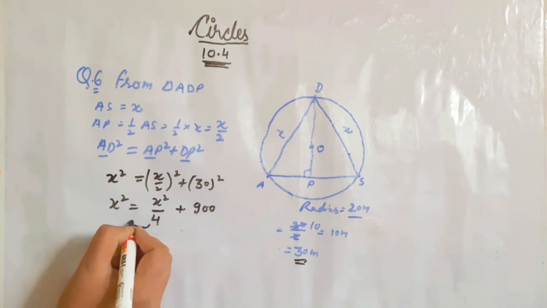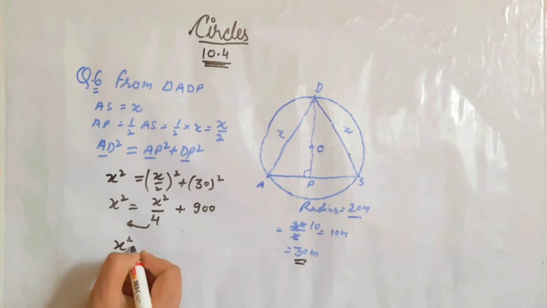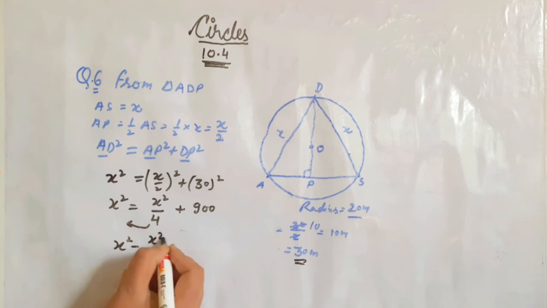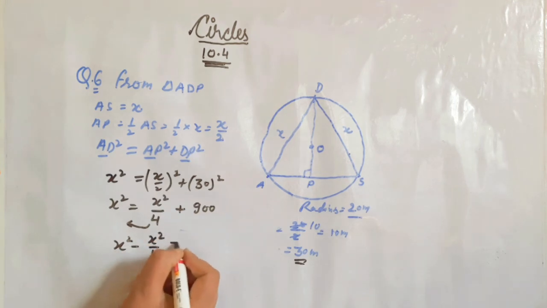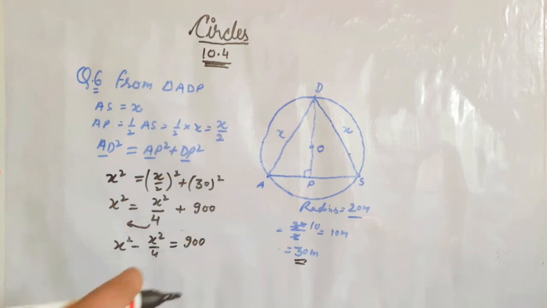Now bring this to the left side. X square minus X square upon 4 will be equal to 900. Now simplify it.